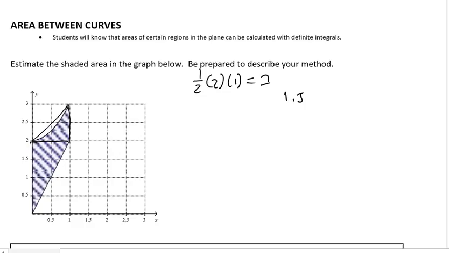Okay. Other people did it different ways, like some did this. They said, I can do a trapezoid from here to here. And they said this would be 1/2 times 1, the height is 1, times base 1, which is 2, plus base 2, which is 3.